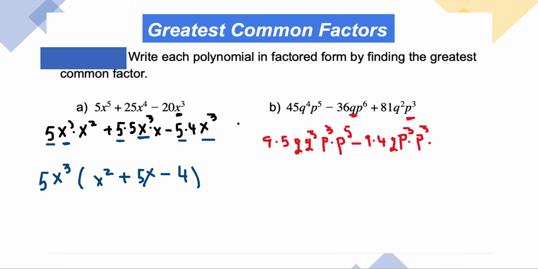And here 81, which is 9 times 9, and in terms of the smallest q, it is q times q, and p cubed is p cubed.